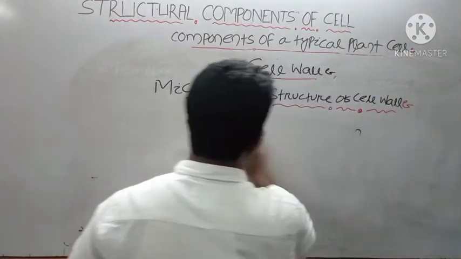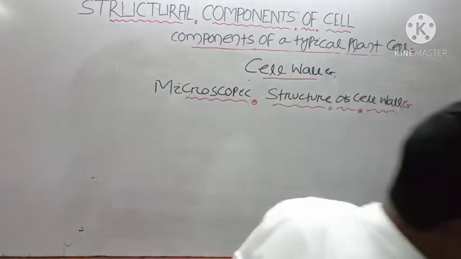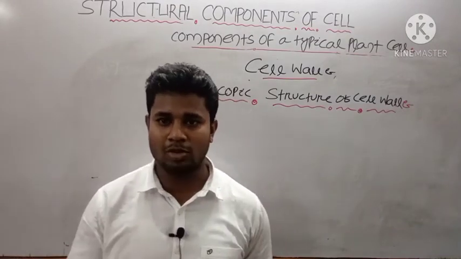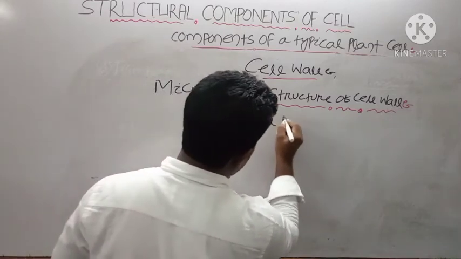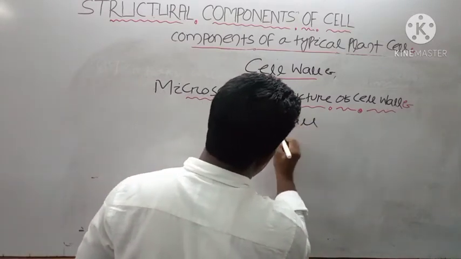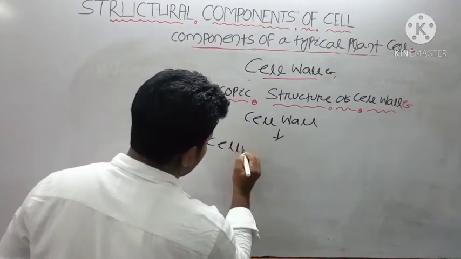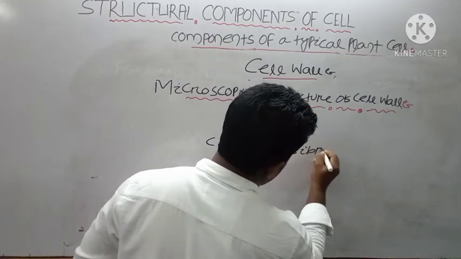Microscopic structure means if we take the cell wall and see it under a microscope, then the structure will appear. The cell wall will consist of cellulose fibers.